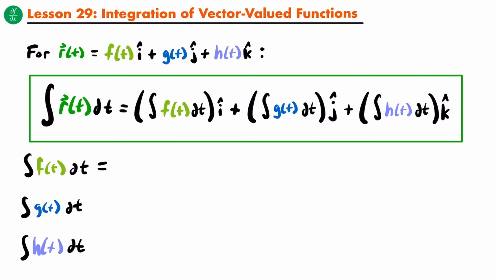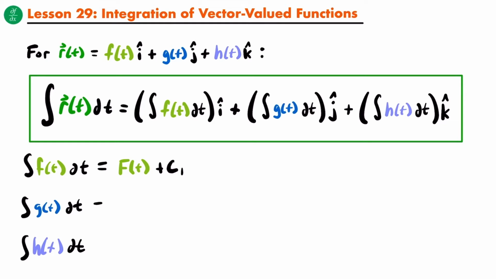Remember that when you integrate a function, you get its antiderivative, which typically we represent by just capitalizing the letter for the function. So for small f of t, the antiderivative or the integral would be capital F of t, but then we would want to include our constant of integration plus c, but now we're going to have 3 of them, so I'm going to give it a subscript of 1.